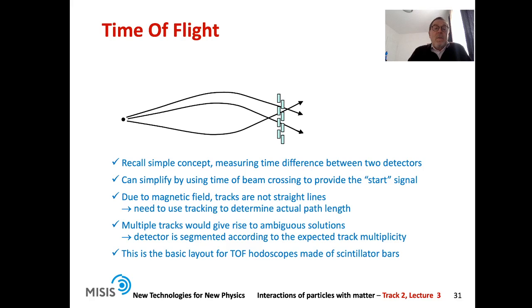In reality, we have multiple tracks, which clearly would give rise to ambiguous solutions. So our detector should be segmented in order to discriminate between different tracks and remove this ambiguity. This determines the basic layout for the time of flight hodoscopes made of scintillator bars, as shown at the right of the figure.